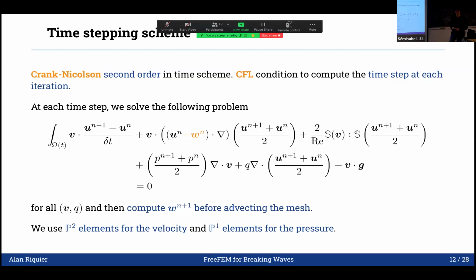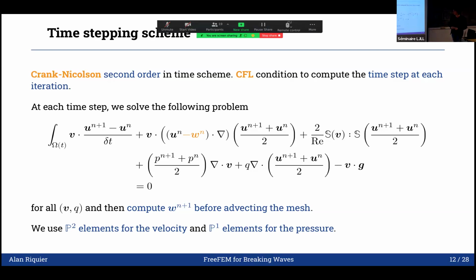Also, I use a Crank-Nicolson scheme for the time step, but for the nonlinear part, because I don't want to use a nonlinear solver, I only put the Crank-Nicolson in this value of u, and this one is treated explicitly.